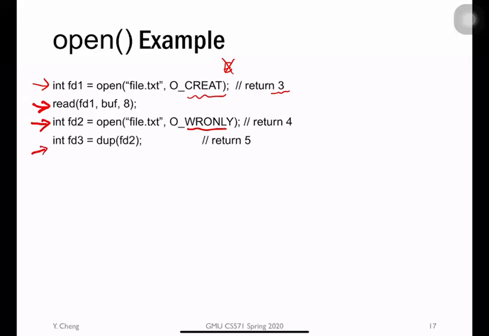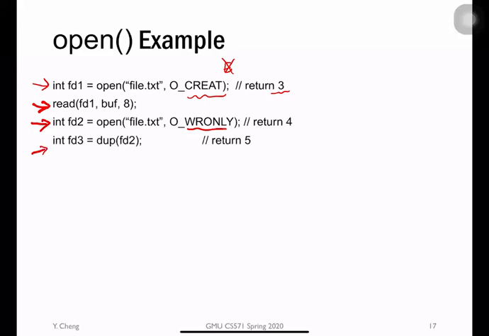And the fourth line corresponds with the last system call, which is dup. Dup passes in the parameter FD2, just returned from the last system call open. Okay, so what it means is this duplicate system call tries to duplicate the file descriptor specified as a parameter, and create a duplicate of the same file descriptor.